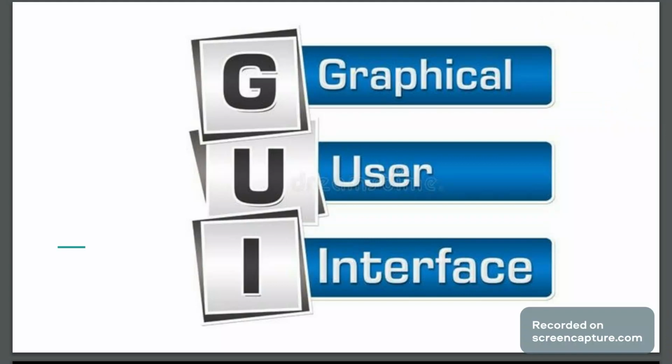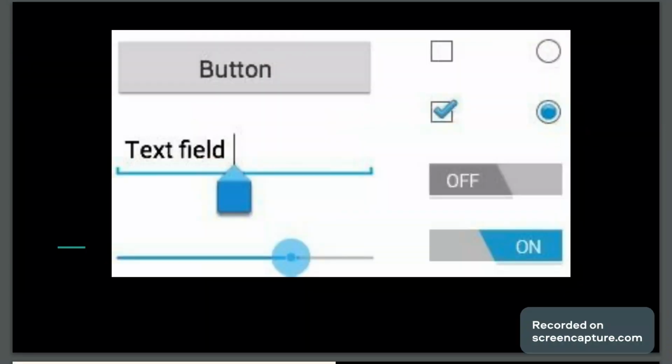So on the web, of course, we have to switch to a graphical user interface for designing attractive, impressive web applications. This graphical user interface may include different controls like button, text box, checkbox, radio button, toggle button, choice list, etc.